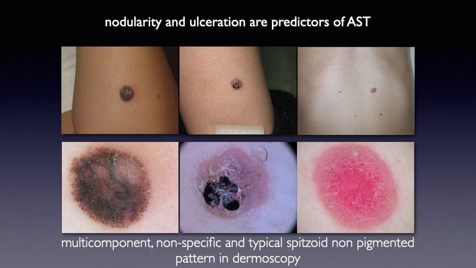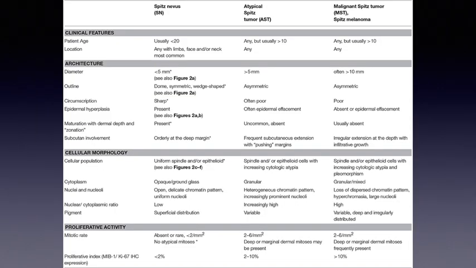This study, even if it was done in 2015, is already an old study, because nowadays we also have a new classification of atypical Spitz tumors, so probably many more flat lesions will finally be found in the category of atypical Spitz tumor. But for sure, we usually don't miss the majority of these lesions, because in the great majority of cases they present with a multi-component pattern or nodular lesions or with ulceration.